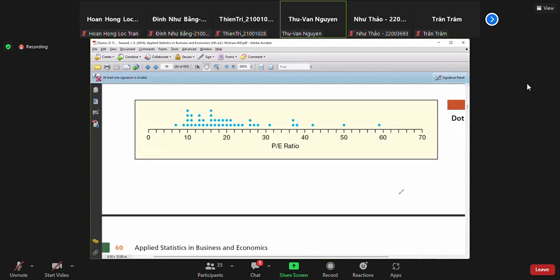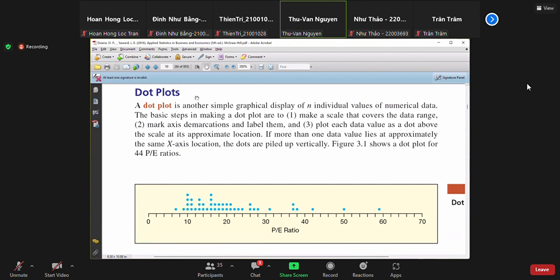So in this textbook, they create a scale ranging from 0 to 70. In my display, I write only from 0 to 60. It's the same, no problem.